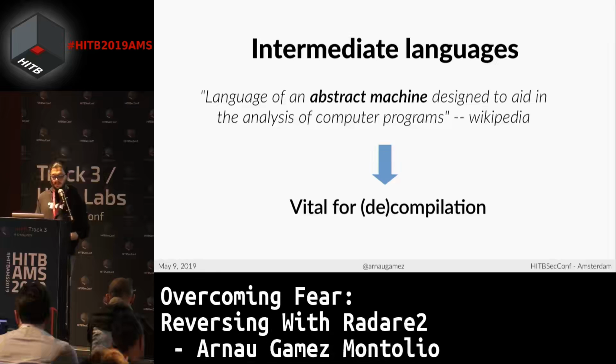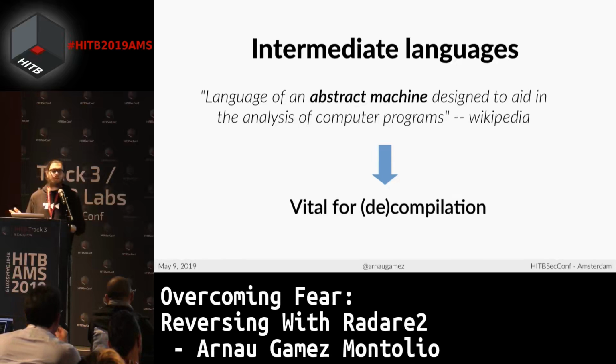And it comes mainly from the compiling process. GCC is using an intermediate language, and maybe you know LLVM, which has its LLVM intermediate representation. Mainly, they came out for assisting in the compiling process, but are also vital for the compilation.